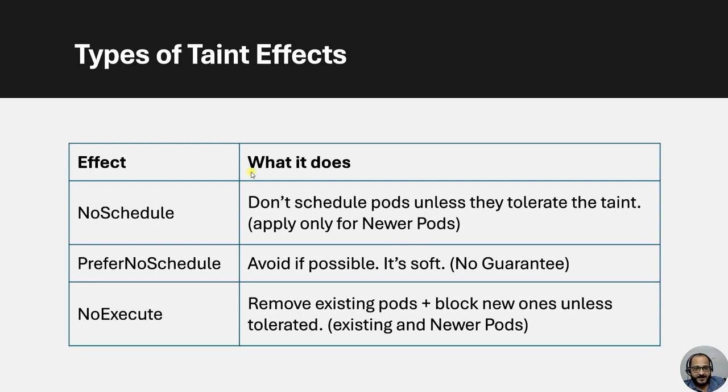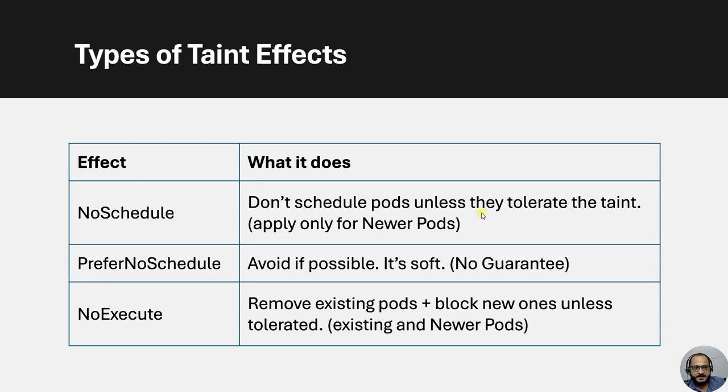There are effects also which we have to use when we add a taint on a worker node. There are three effects: NoSchedule, PreferNoSchedule, and NoExecute. When we assign a taint at the worker node level, we have to add the effect as well. The very first effect is NoSchedule. It means don't schedule the pod unless it tolerates the taint.